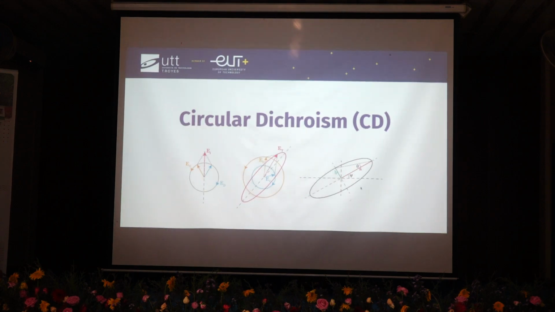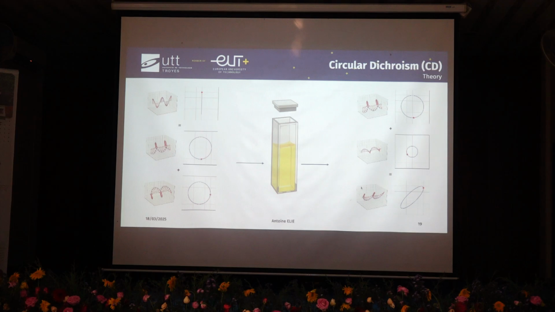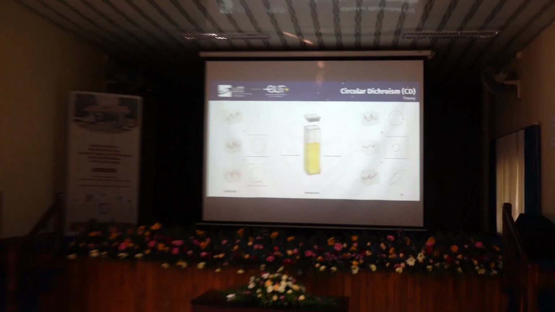And to confirm these results, we make some circular dichroism measurement. So the idea is to use our solution of DNA with mercury cations and consider it as a chiral solution. And the idea of circular dichroism is to shine the solution with a linear polarized light, which can be decomposed into left and right circular polarized lights.